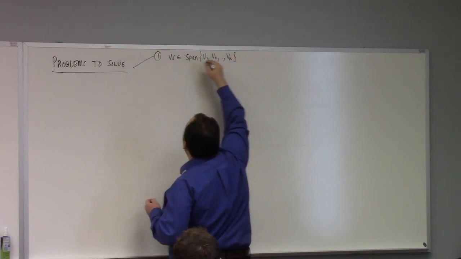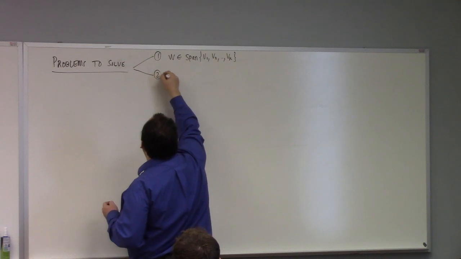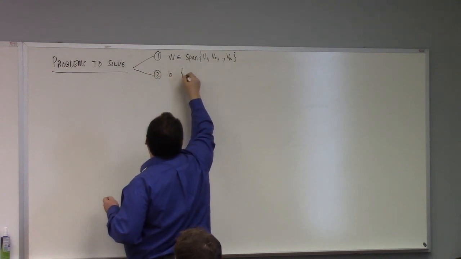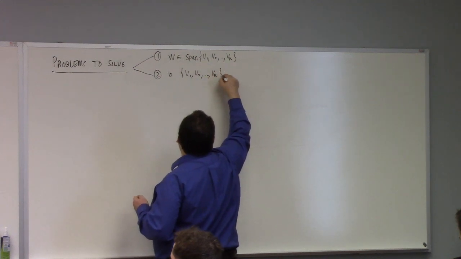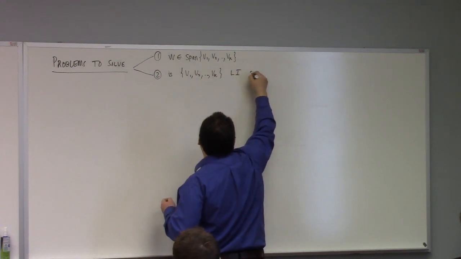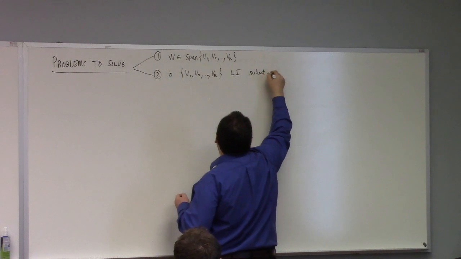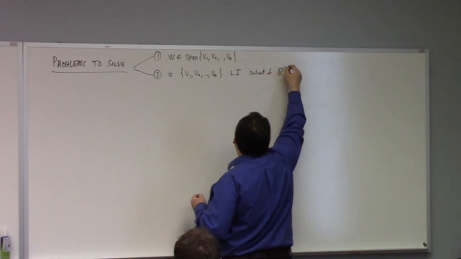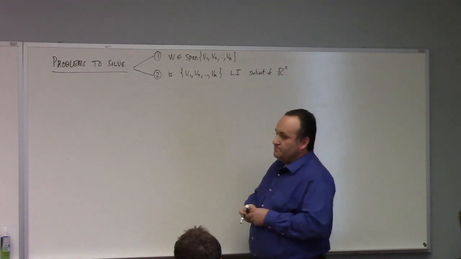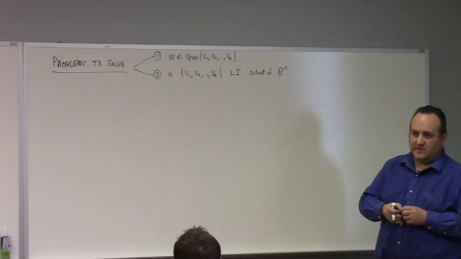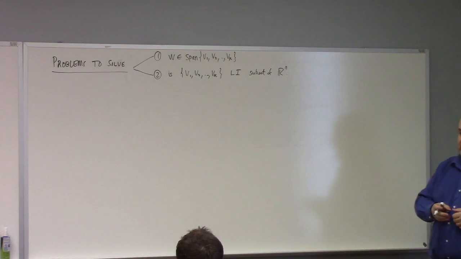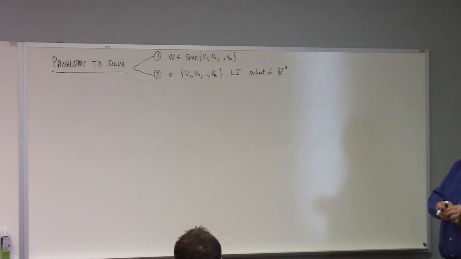That's one question. Another question: are v1, v2, ..., vk a linearly independent subset? By the way, everything I've talked about is all in Rn. We can make these definitions in abstract vector spaces, but we keep it real in here. We're focusing on column vectors.